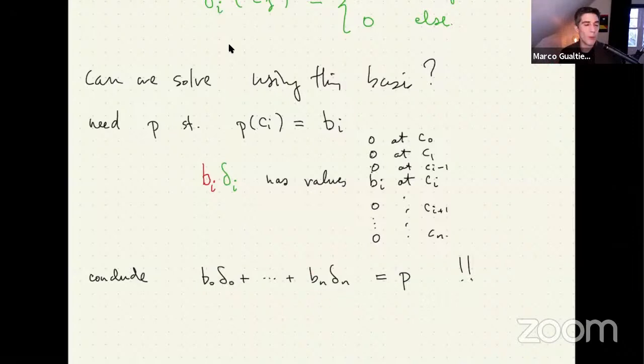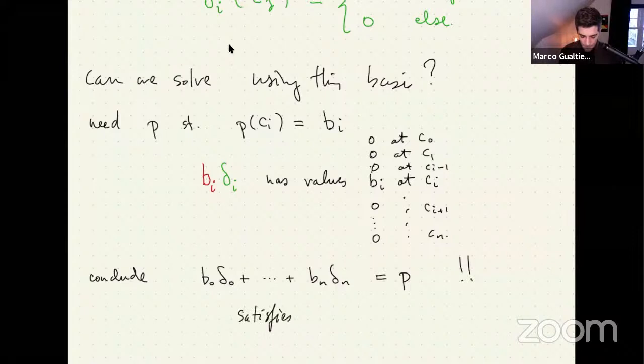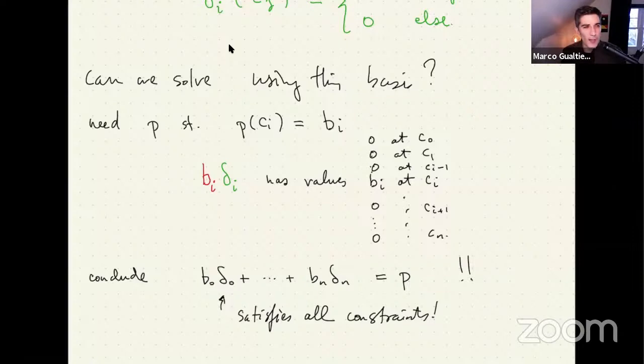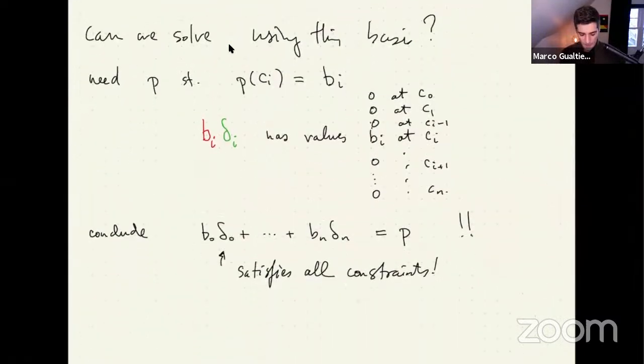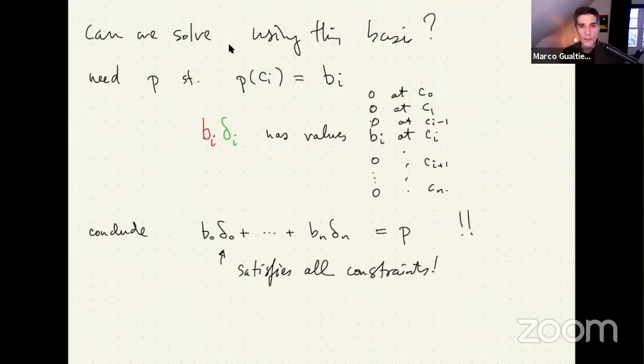This one will contribute at the point Cn and it will give value Bn. So it satisfies all the constraints. Okay, I understand that I haven't told you how to find this indicator basis, but does everyone understand that if I had this different basis, it would make the problem extremely easy? Any questions about this?